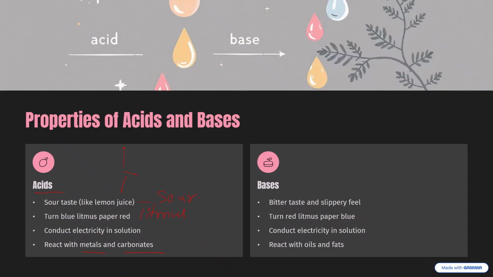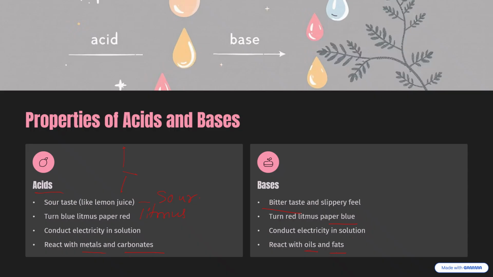So what are the properties of bases? Bases have a bitter taste, kadwa, and a slippery feel. They turn red litmus paper blue, conduct electricity in solution, and react with oils and fats. Whereas acids react with metals and carbonates, bases react with oils and fats.